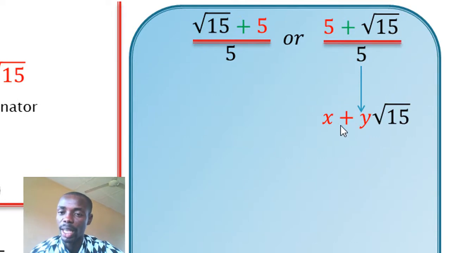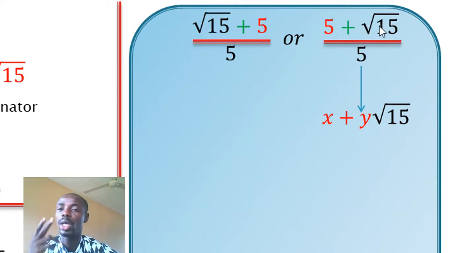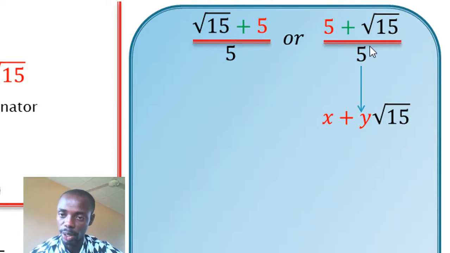How can we express it in the format of x plus y root 15? Okay, so how do we do that? Now take note, this is a fraction. Now we have the need to split this whole fraction into 2 fractions or 2 terms. I said that again. The value here is a whole fraction or a whole term. Why? Because it is having just one denominator, which is just 5.